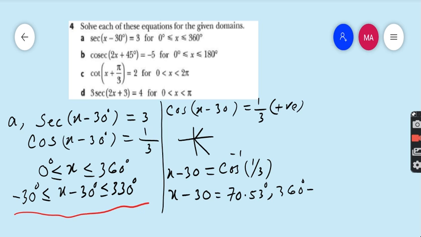Just subtract this value, 70.53, from 360. So x minus 30 degrees is equal to 70.53 degrees, and 360 minus 70.53 is 289.47.